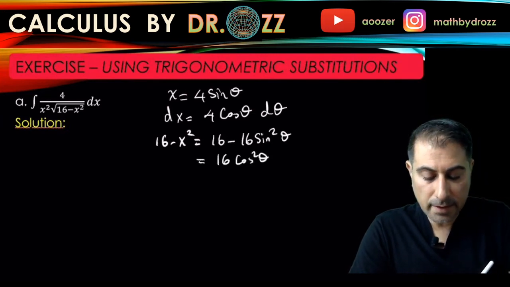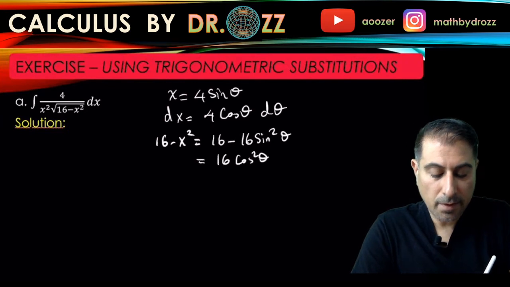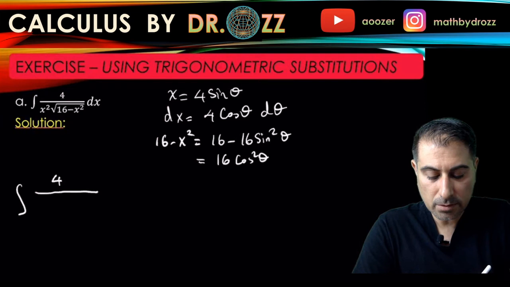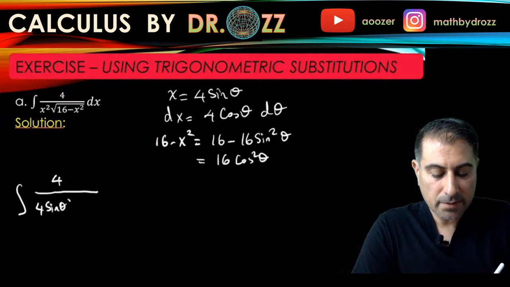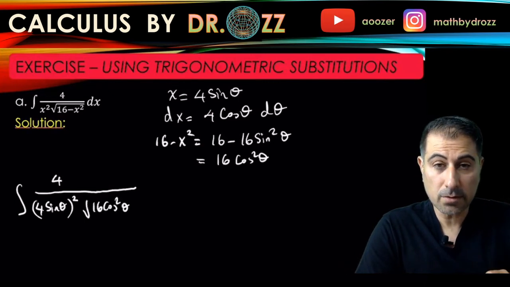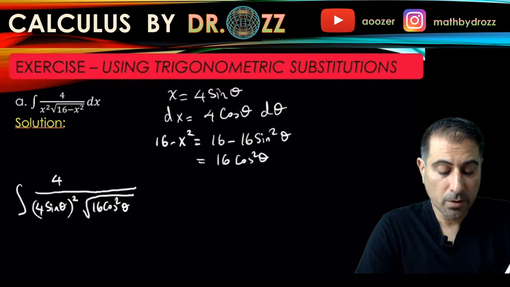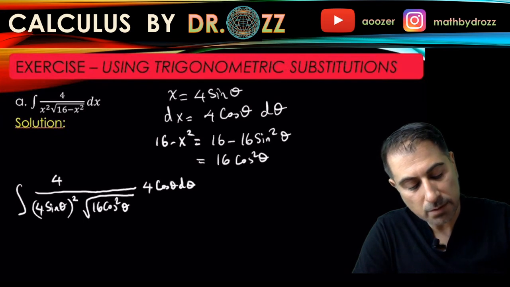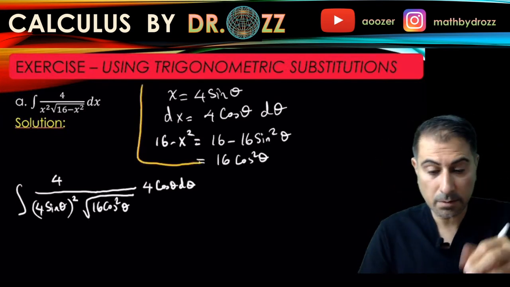So now let's go ahead and write down the theta formulation of this integral. This is x squared, so 4 sine theta squared. I have the square root of 16 cosine squared theta, and I have dx, which I have just found as 4 cosine theta d theta. Let me put a nice border here so that things are not going to be messy.